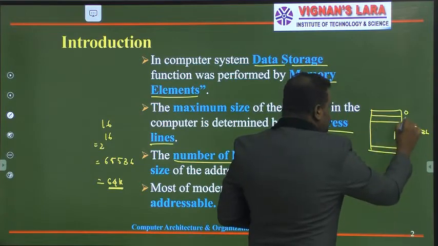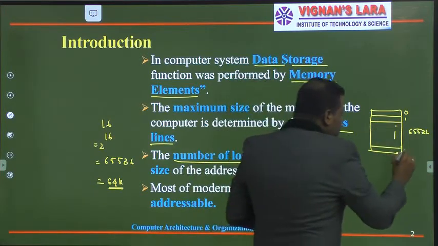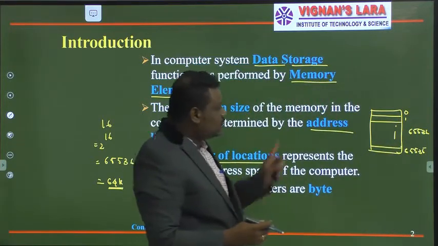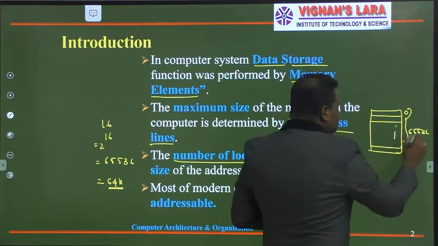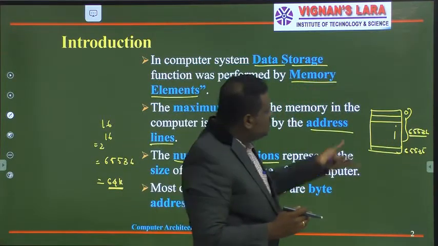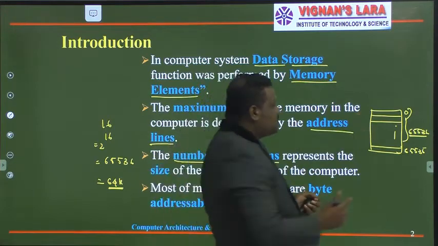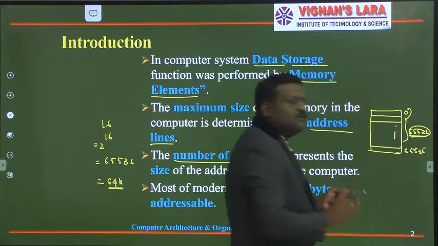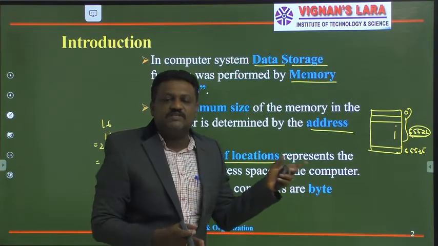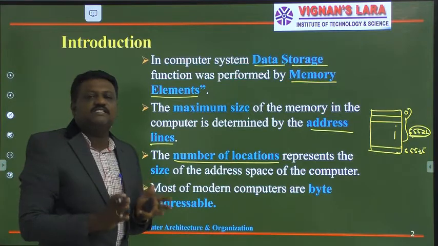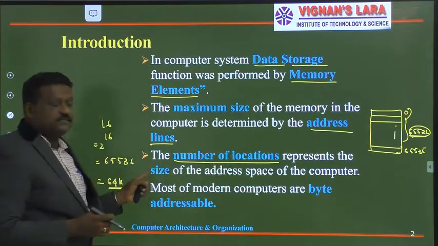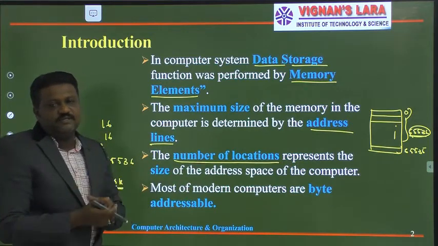This is location 0, this is location 1, and this is location 65,535. Then the size of this memory I can call 65,536 locations. Simply, I can call the size of this particular memory 64K. So the number of locations represents the size of the address space of the computer.